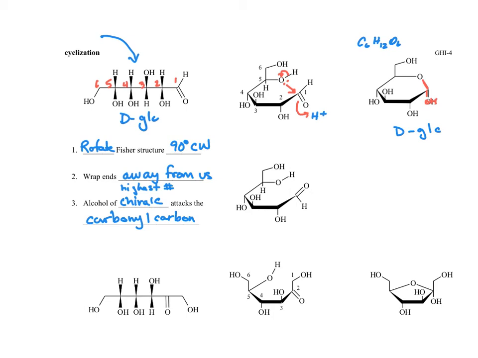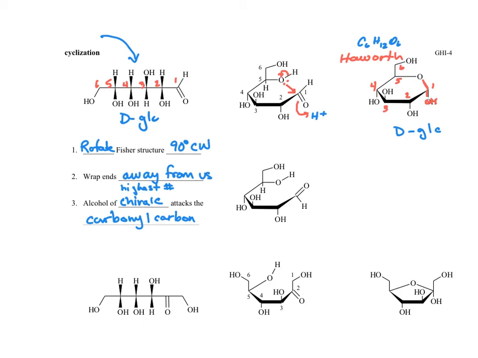First of all, in the cyclic form, we call this the Haworth structure. That's as opposed to the Fischer structure, which was the linear form. The second thing I want to note is we still have the same numbering of the 6 carbons. 1, 2, 3, 4, 5, and 6. Next, and most importantly, I want to have you see that we no longer have a carbonyl.